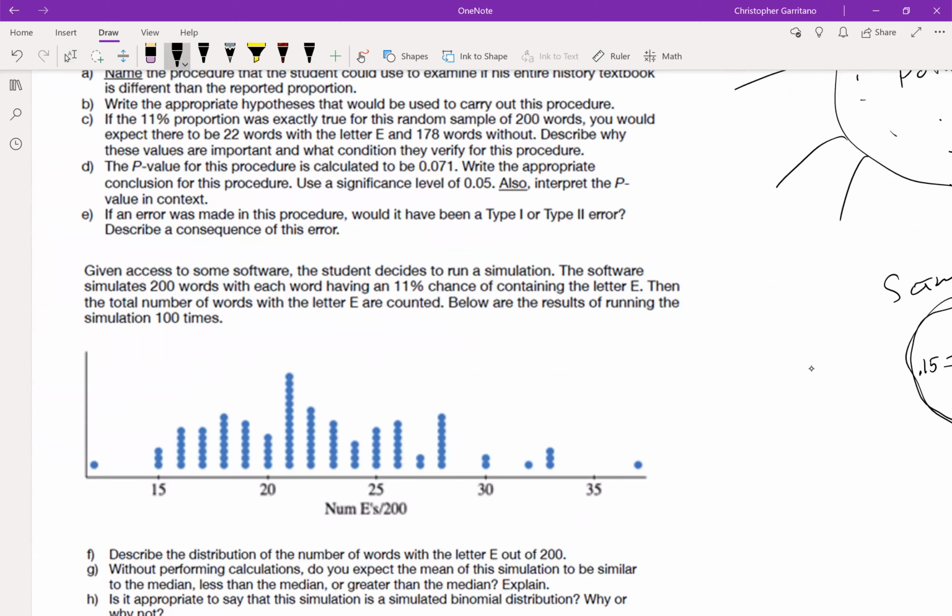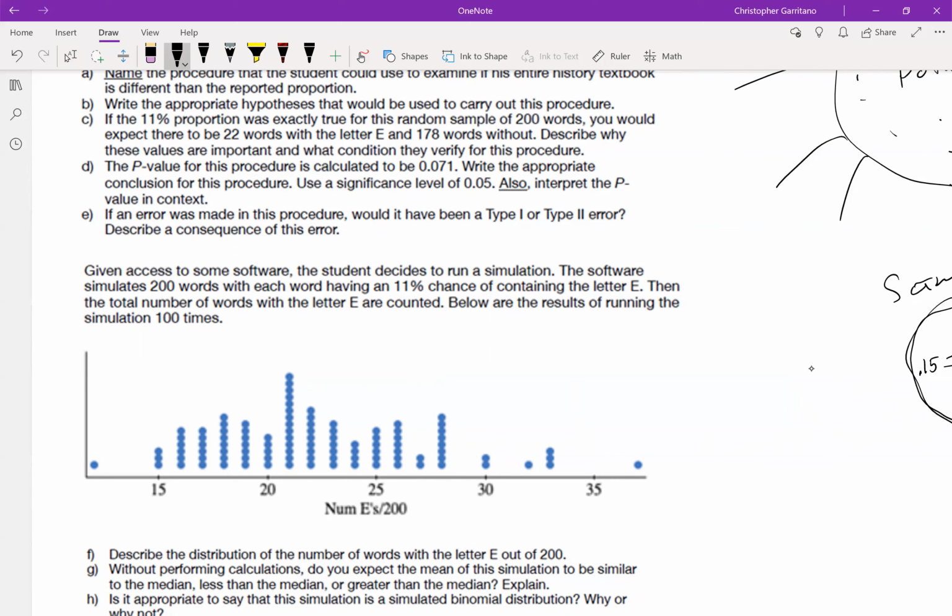All right, so out of the 100 samples, there was one sample that had exactly 10 words out of 200 with the letter E. There were 3 samples that had 15 words out of 200 with the letter E. There were 1, 2, 3, 4, 5 of these samples that contained 20 words with the letter E out of 200, so on and so forth.